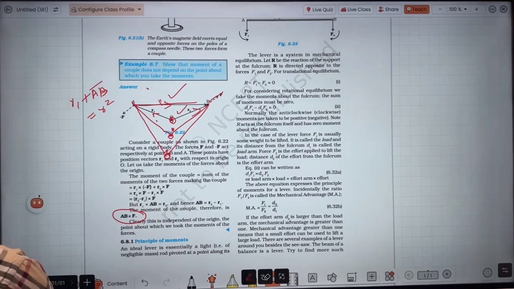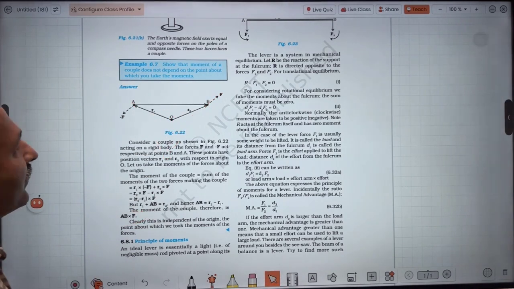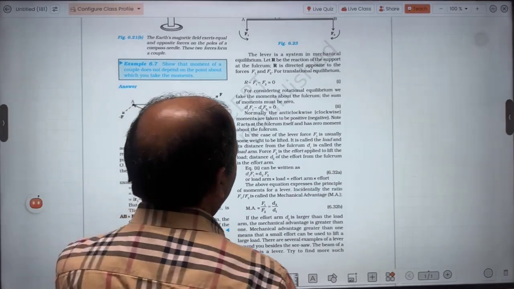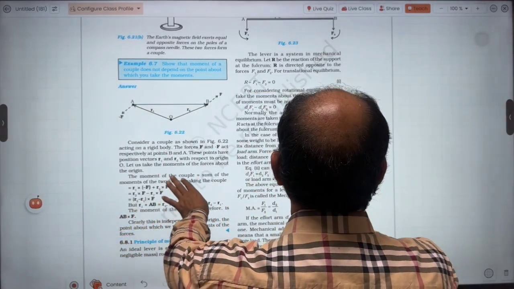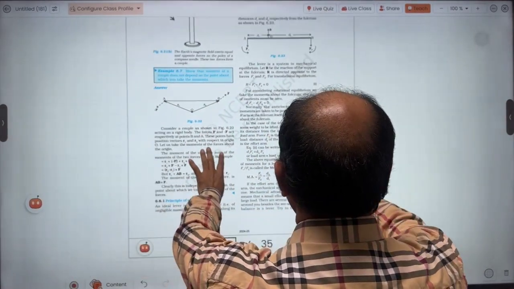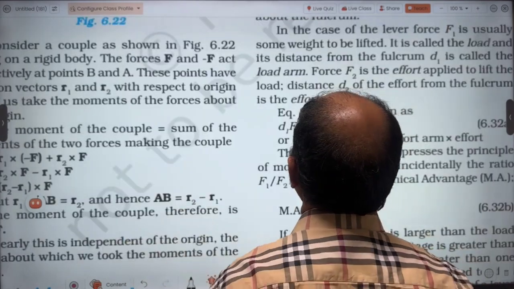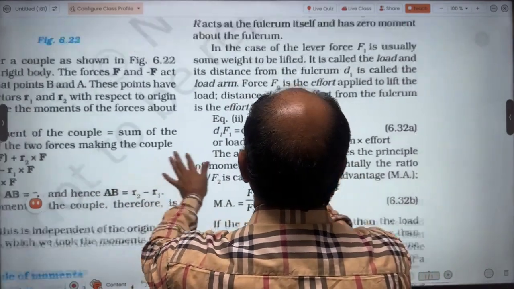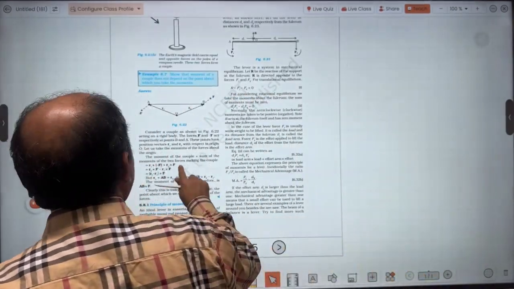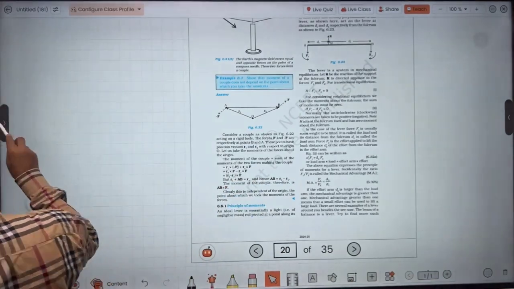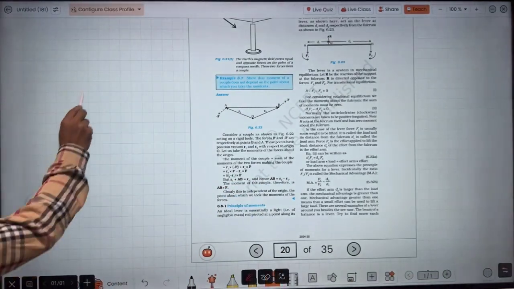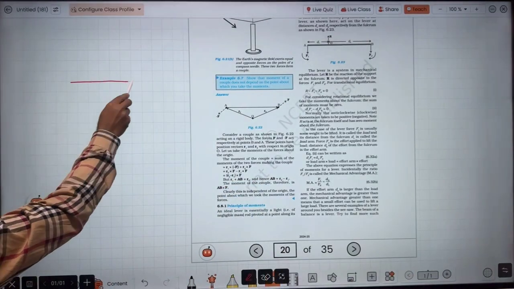So it is clear. Now, the principle of moments. Basic concern is when we study the principle of moments.